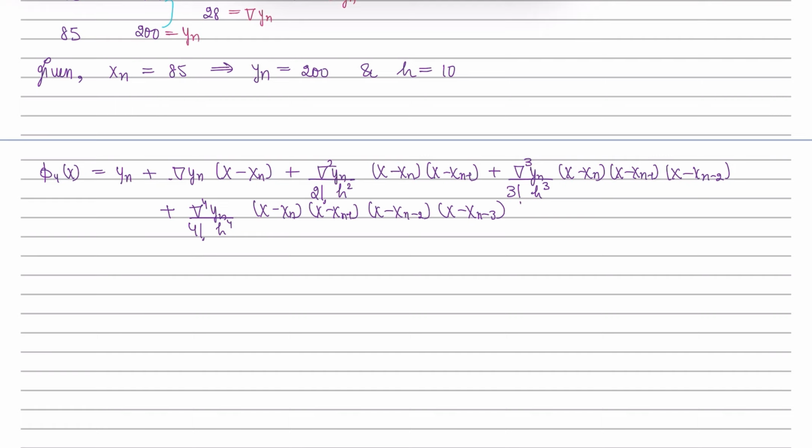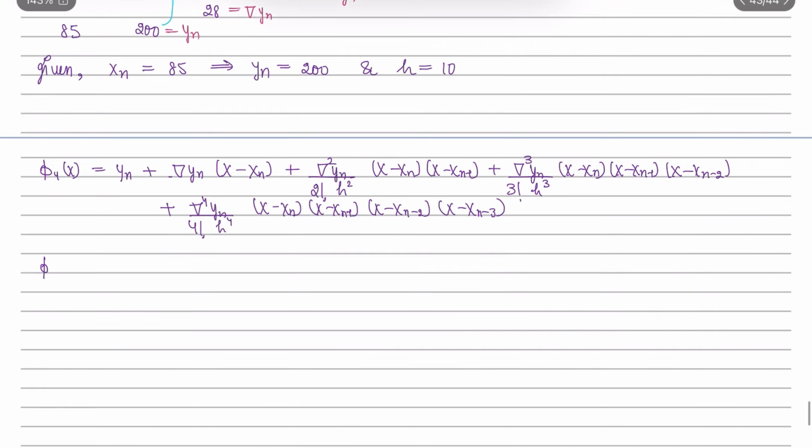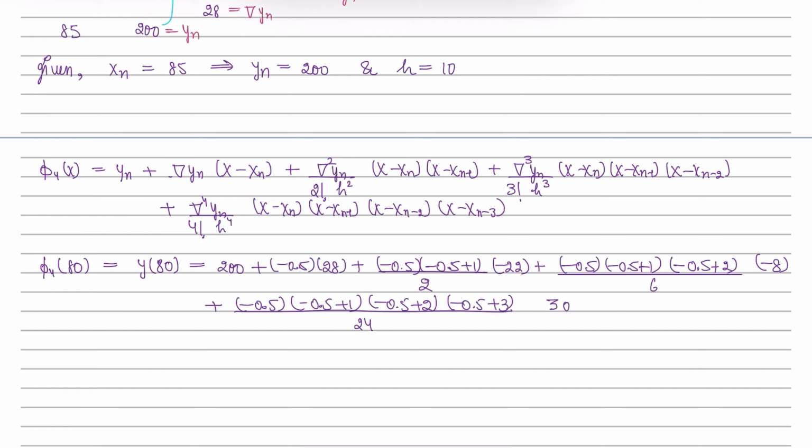Because in the question we have to estimate the number of students getting marks between 75 and 80. So directly using the value x as 80 here, y of 80 is equal to, after solving, this value will be approximated as 188.08, which is similar to 188, as the number of students cannot be in fractions.